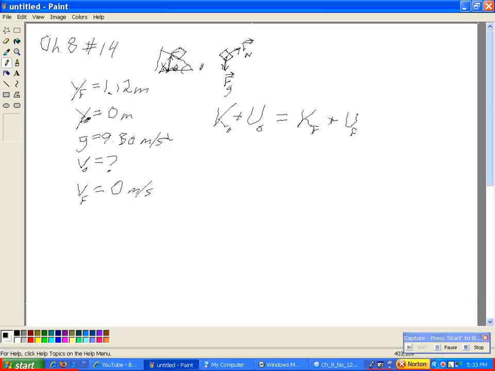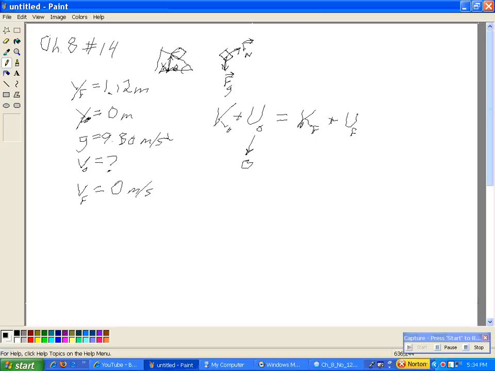So it started with a push. It's having motion, so there is a number, but its initial height was 0. So this whole term goes to 0. This is the top point where it stops moving.